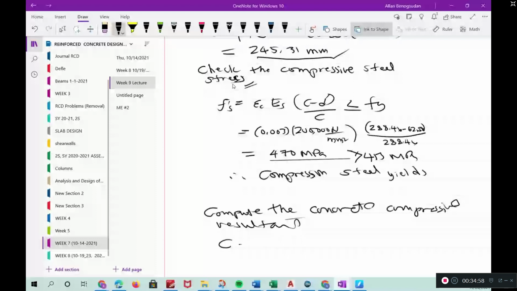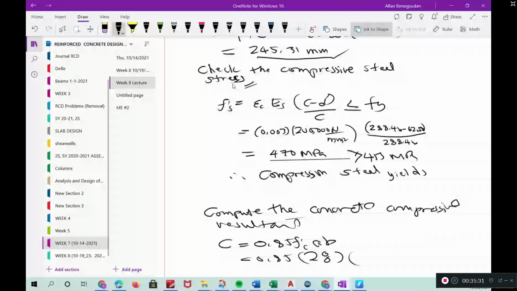So C is equal to 0.85 F prime C, A, B. So 0.85 of 28, divided by A, what's our A?